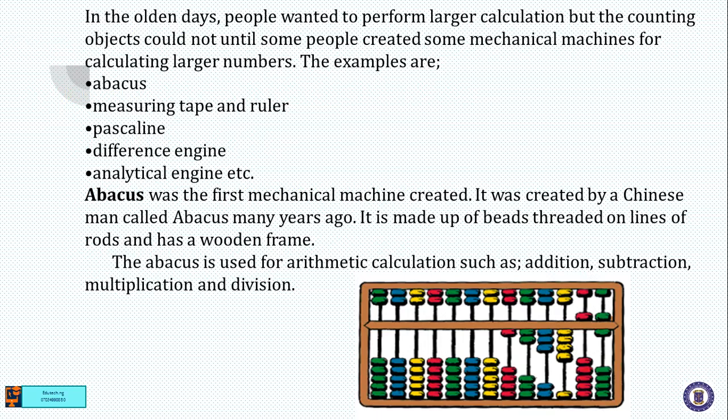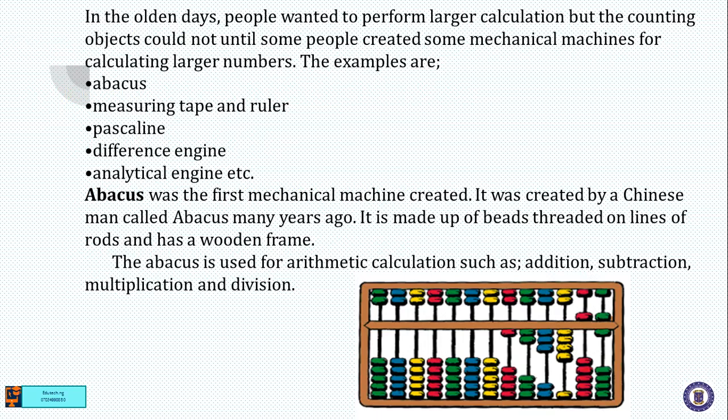This device, the abacus, is made up of beautiful beads and rods. They have iron rods like this, and the beads have holes so that you put the beads inside, with different colors.